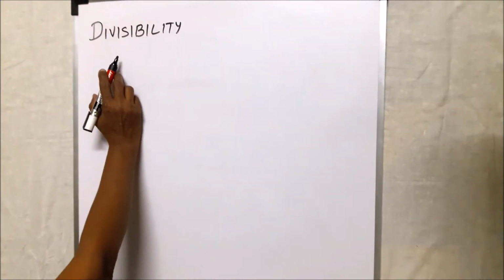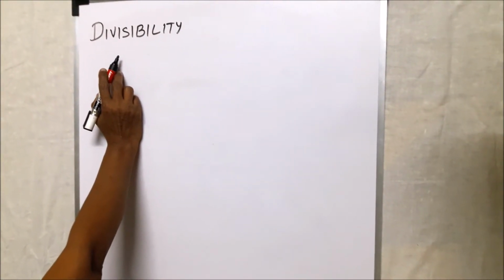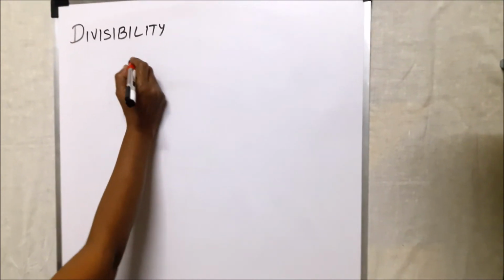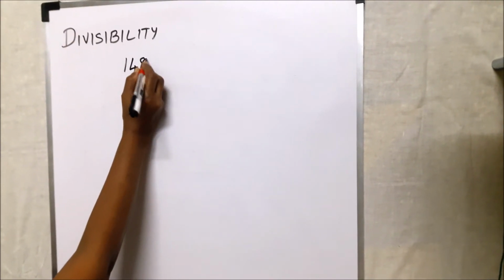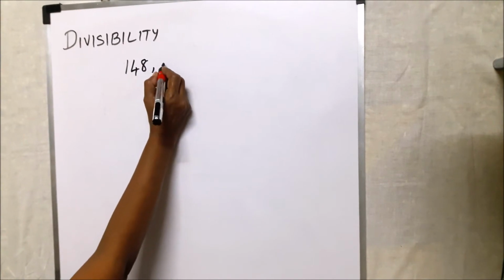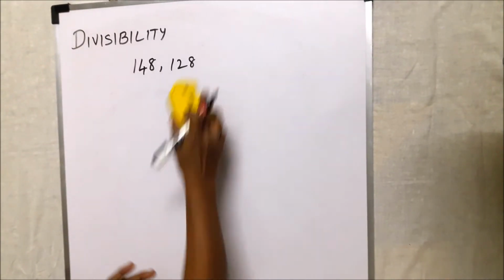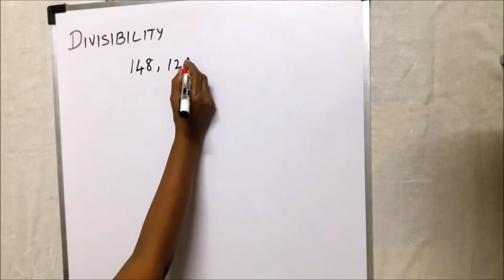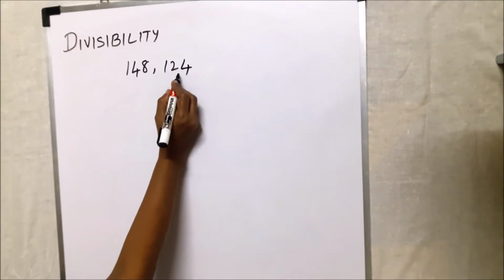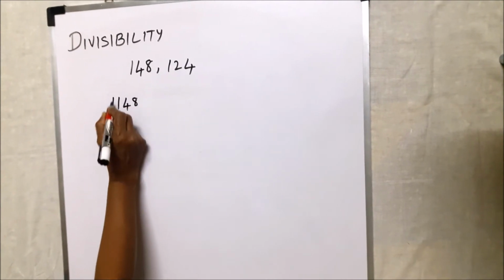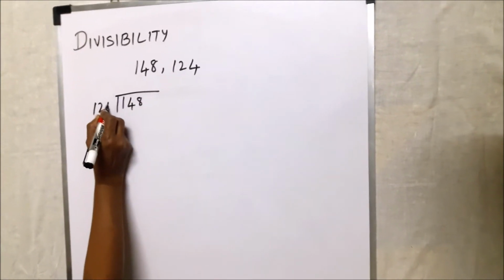In the earlier classes, in the 7th and 8th, we have seen what is meant by divisibility. Now let me give you an example, 148 and 124. Which number is smaller? 124. So we will write 148 inside and we will divide by 124.